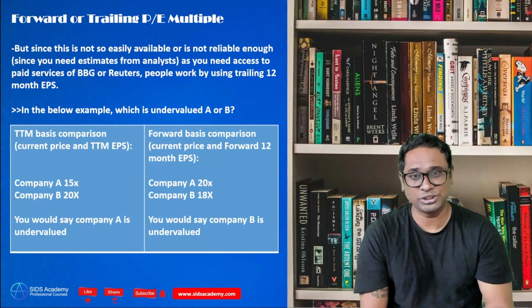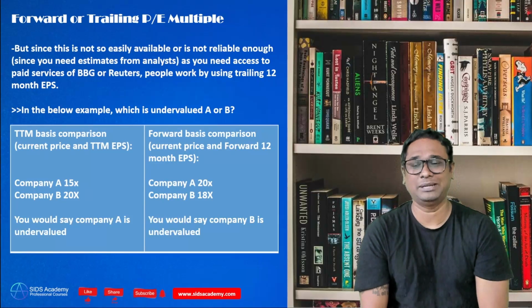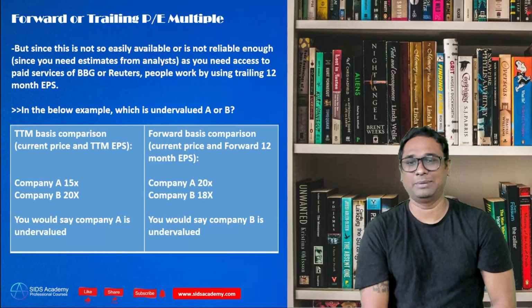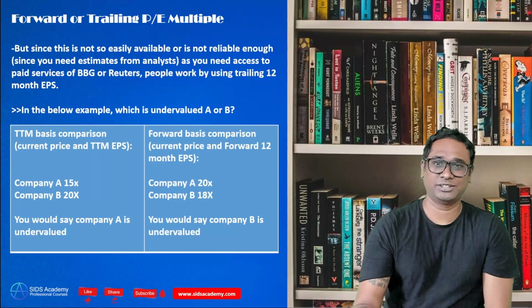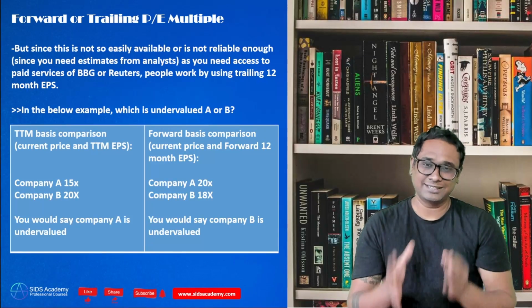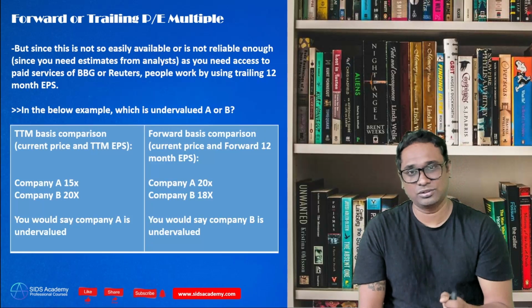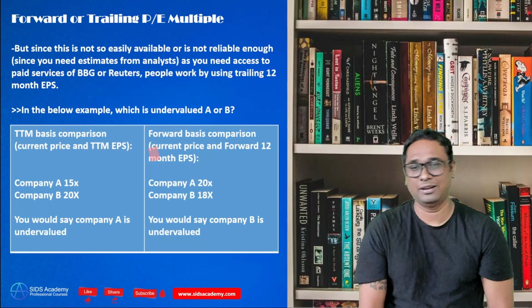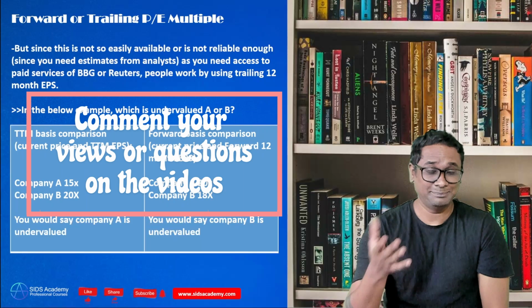Then in such a situation, you can clearly say that company B is undervalued versus company A. Whereas in the first case, you said that company A was undervalued. So in such a situation, you would always go for forward multiple because the trailing 12 multiple could be misleading sometimes.